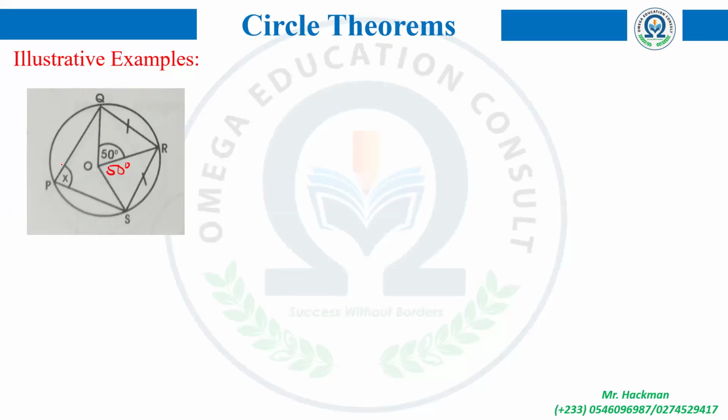This angle P is at the circumference, and it's being subtended by the arc or chord QS. And this same arc or chord QS is subtending the entire angle here. Do you agree? Yes, please. Okay, who wants me to come again?